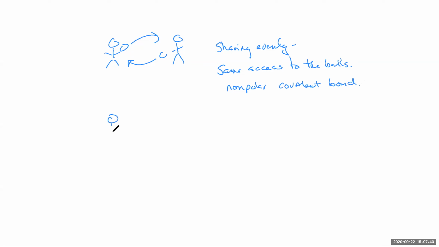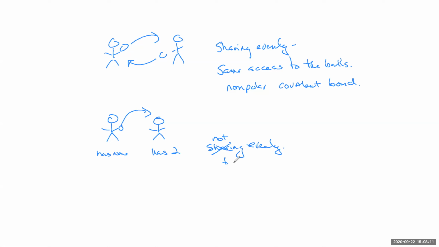Now, if we do the same kind of scenario, but I go 1, 2, 3, throw, and this person throws, but this person doesn't. What's going to happen? This person would now have 2, and this person has none. They are not sharing evenly. If they left it like that, if this person had both and this person had none, and that's the end of it, they're not really even sharing.